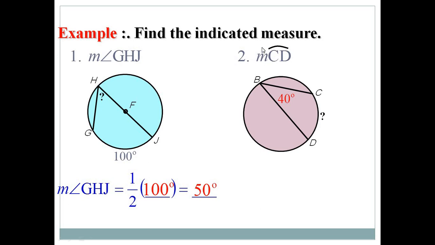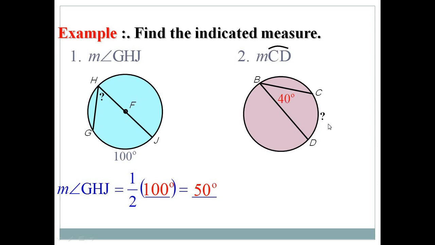Another one. Find measure arc CD. This one. CD is an arc intercepted by the inscribed angle B, so it's double the angle.